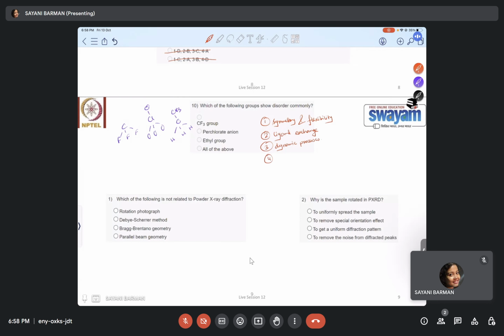The next one is the temperature effect. Temperature also can influence the disorder in tetrahedral compounds. As temperature increases, thermal motion becomes very high, so this contributes to the dynamic disorder. And the fifth one is steric hindrance, the steric effect.